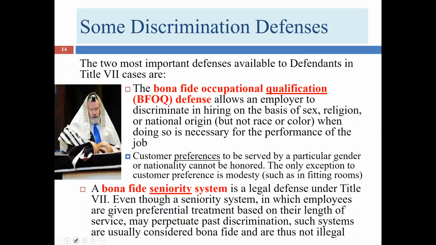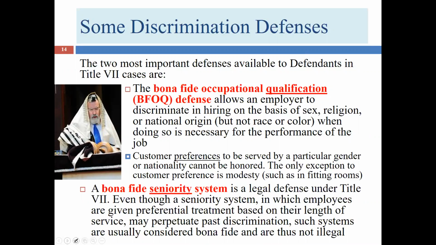Another example would be, let's say that you were in a department store and you had employees whose jobs were to clean out the fitting rooms, to assist customers who were trying on clothes, to bring back and forth clothes to the customers. Well, under those circumstances, you might be in situations wherein you would see customers who were not fully clothed.